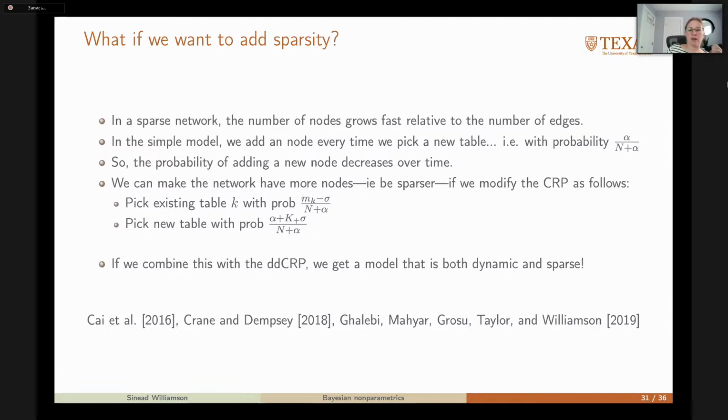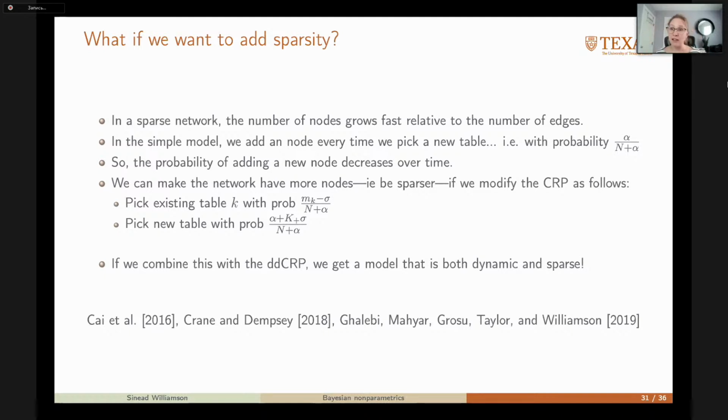Now, remember, sparsity happens when we have the number of edges grow slow relative to the number of nodes, right? So technically it's when we have a number of edges that is subquadratic in the number of nodes. So we're going to tend to get sparse if we're adding nodes quicker.